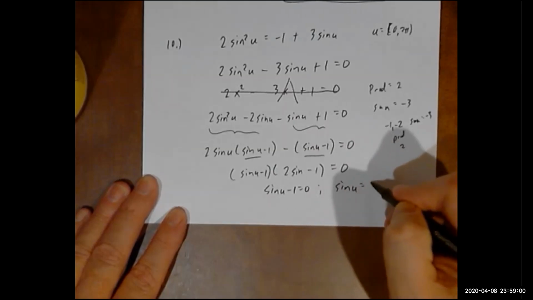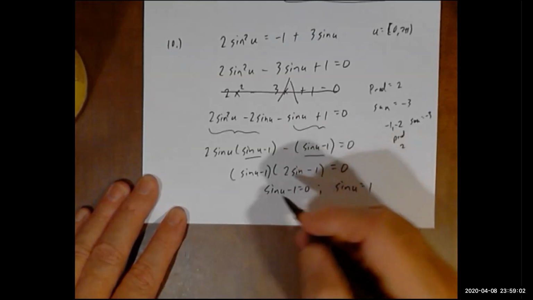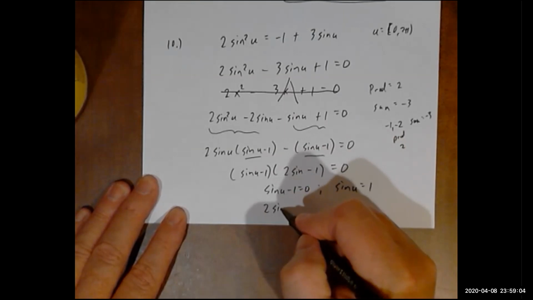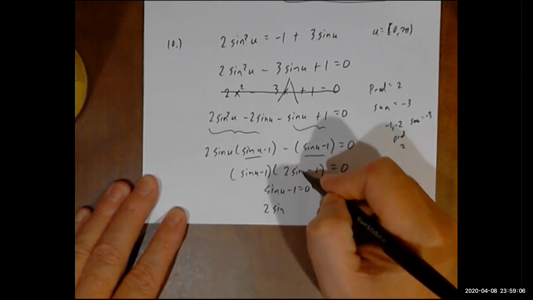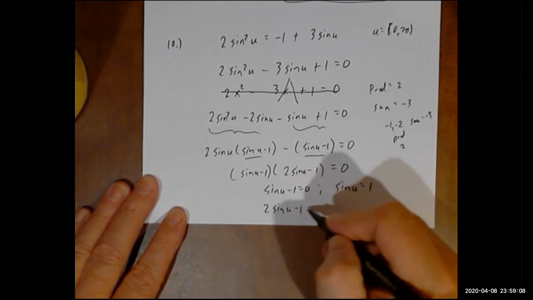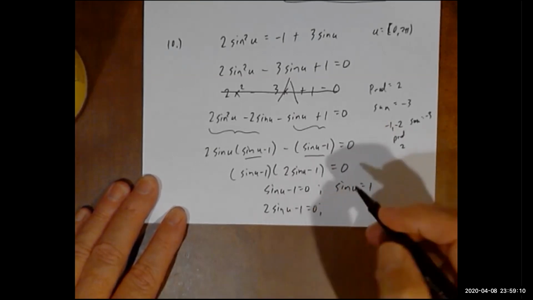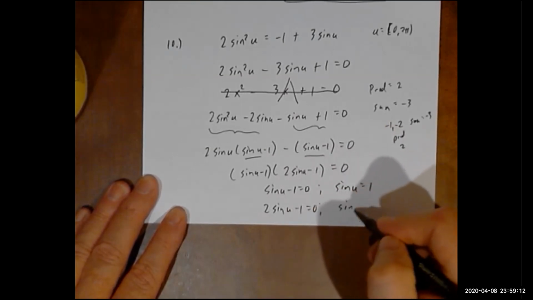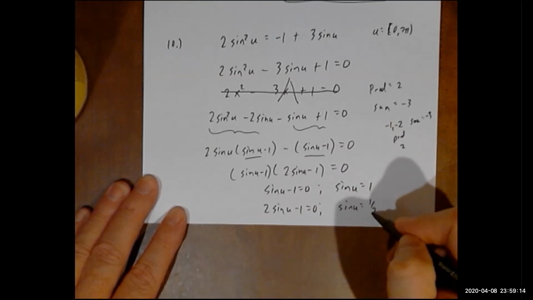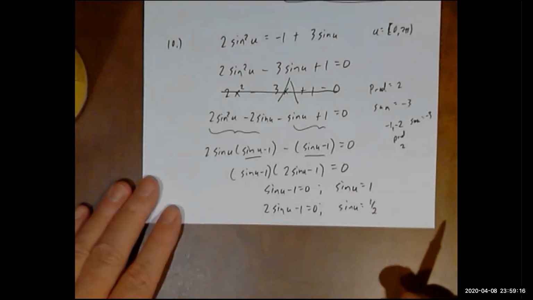So the first one says sine u equals 1. The second parenthesis, I set equal to 0 and I solve it. And when you solve that one, you get 1/2.